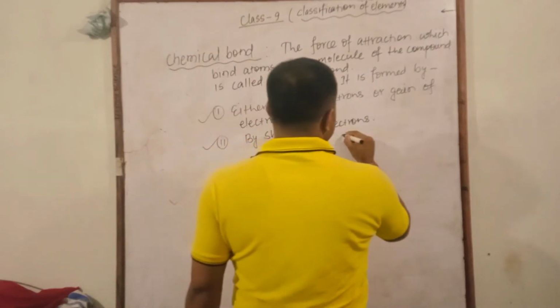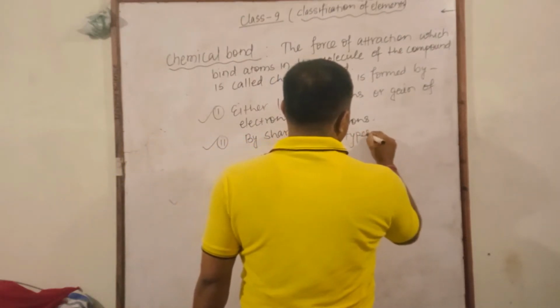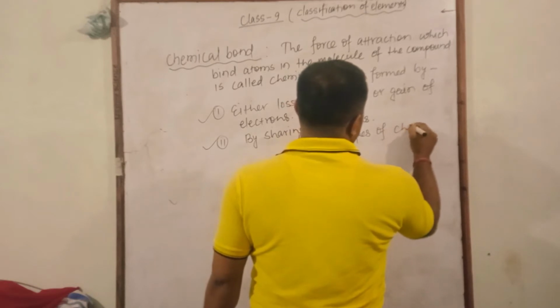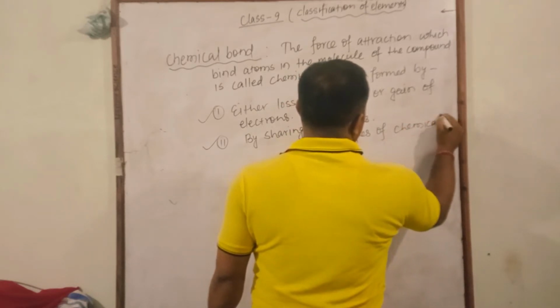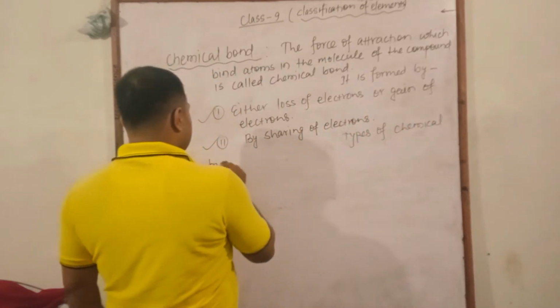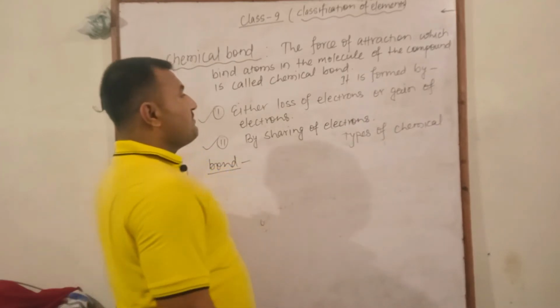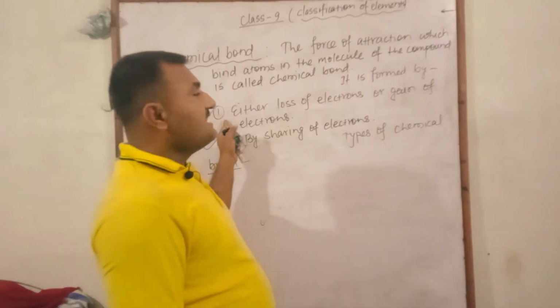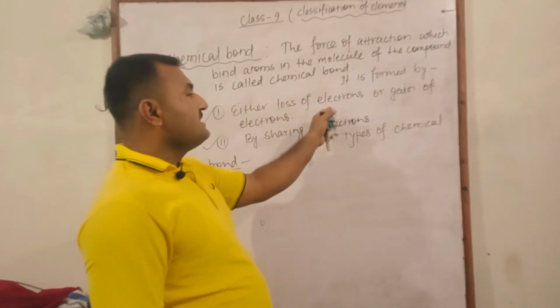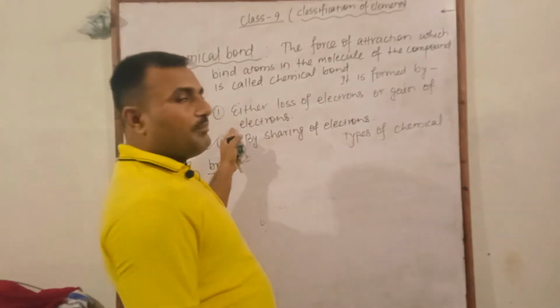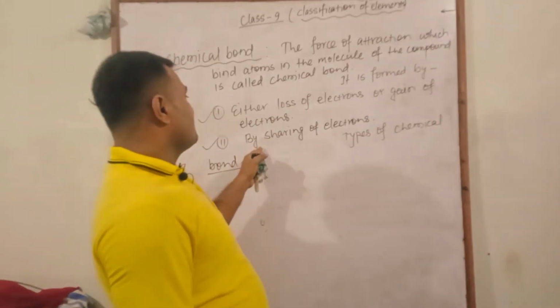Now we discuss the types of chemical bond. The question is how a chemical bond is formed. A chemical bond is formed either by losing electrons or by gaining electrons.